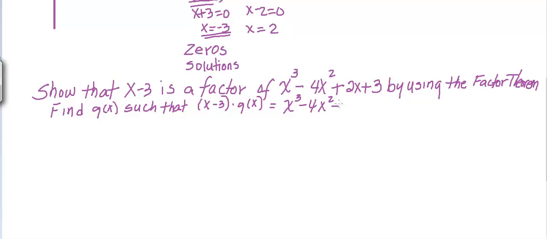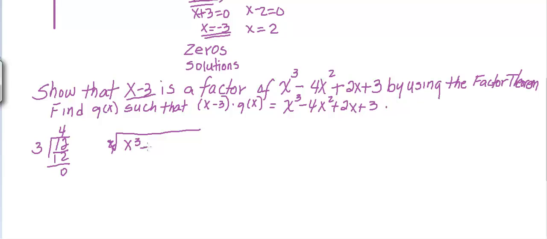And that makes sense, right? If I take my quotient and multiply it by my divisor, knowing that the divisor is a factor, then I should get my original function back. This is what I just said. If I have 12 divided by 3, this gives you 4 with a remainder of 0. That means that 4 and 3 are factors of 12. In this case, I wrote a radical instead of a division symbol.